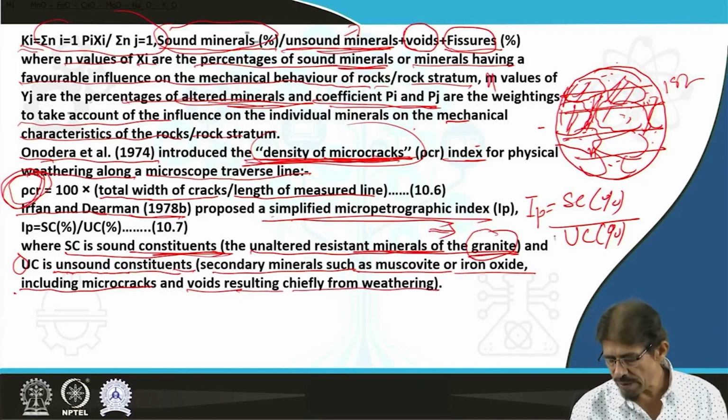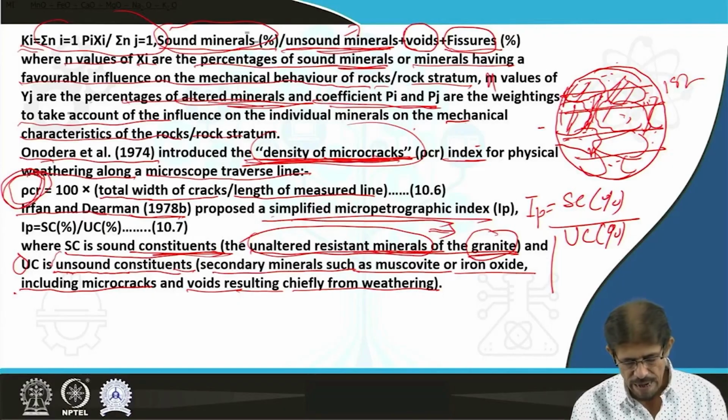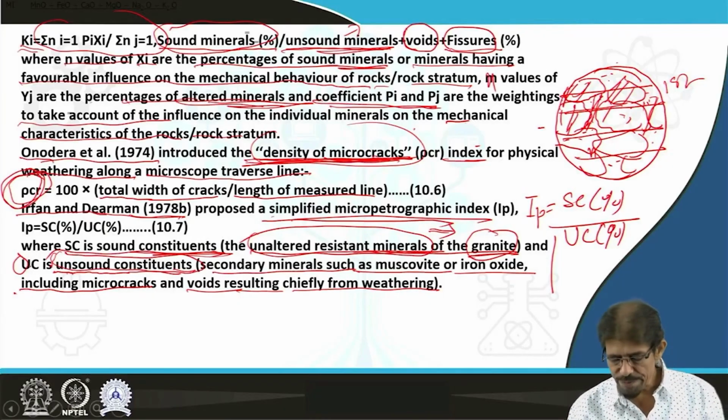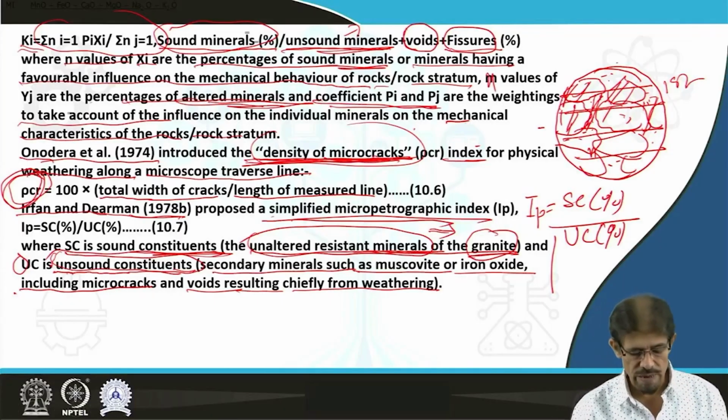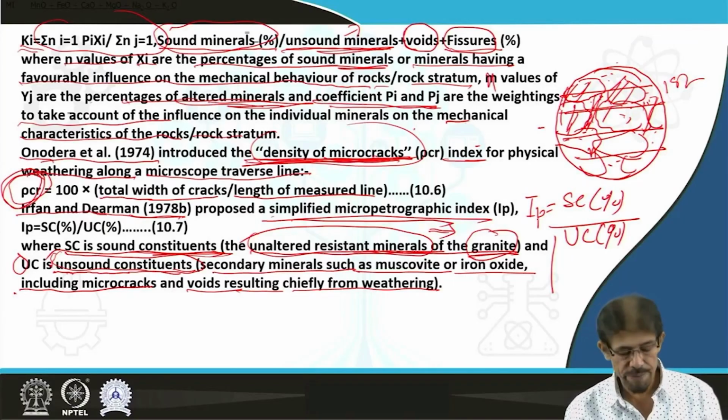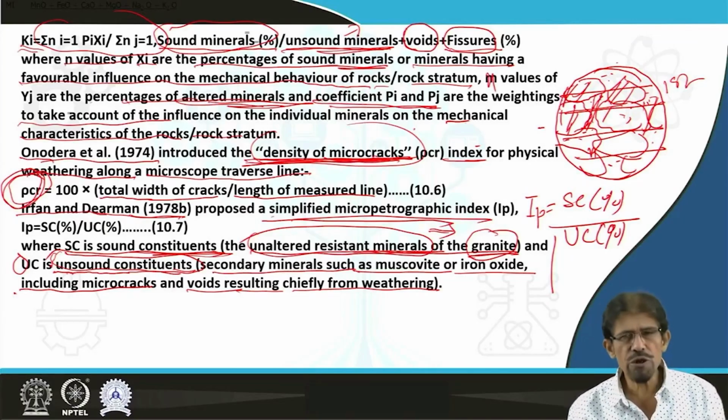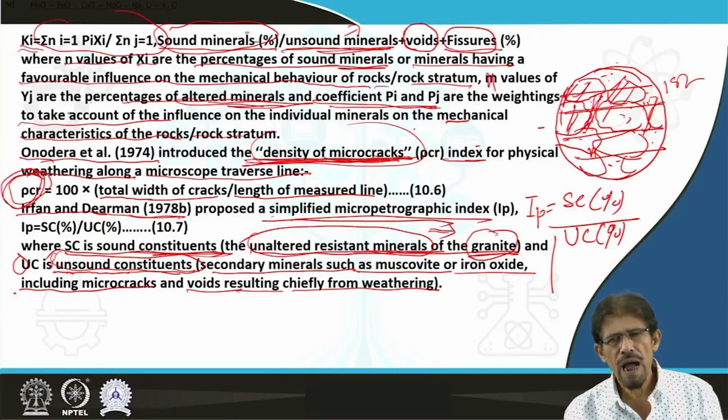This is also a very simple thing. If you are able to identify unaltered resistant mineral and secondary or partially altered mineral, then we are able to calculate this IP. So these are very simple approaches in engineering geology.